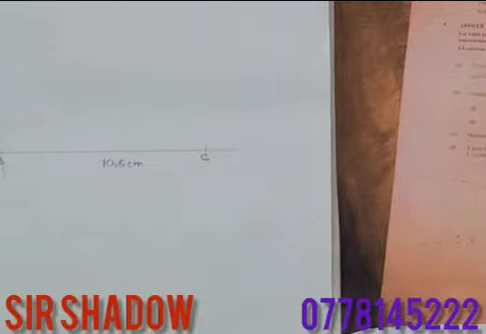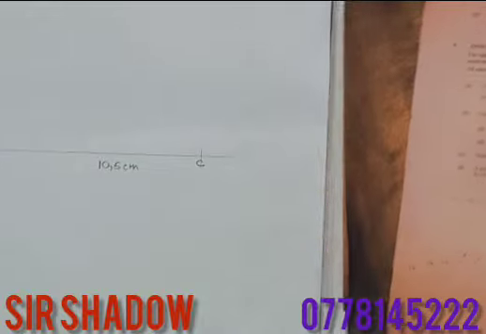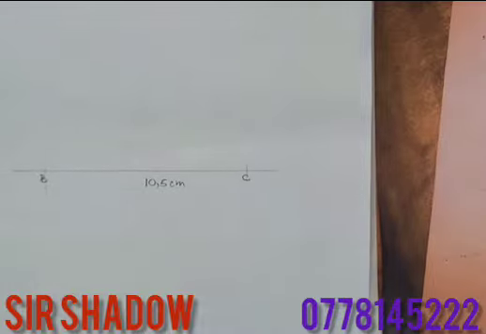Let's consider the next condition. ABC is 90 degrees, so 90 degrees at B. From AB to C, which is 90 degrees.